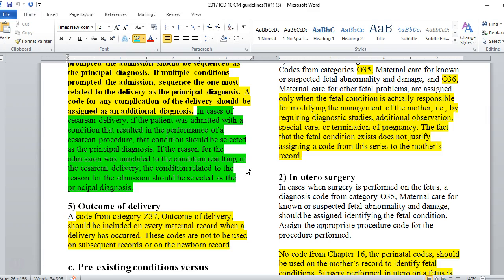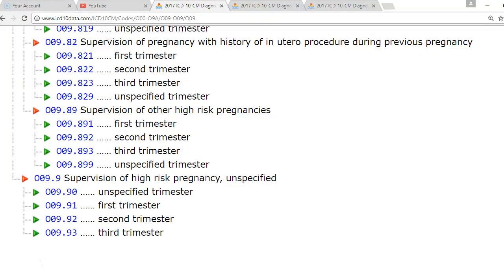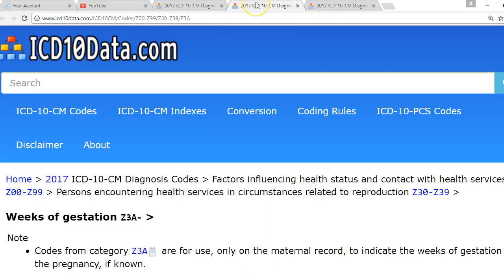The outcome of delivery is saying, what was the outcome of that delivery? So a code from category Z37, outcome of delivery, should be included on every maternal record when delivery has occurred. These codes are not to be used on subsequent records or on the newborn record. It is used once and only once, the day the baby is born, and that is it.